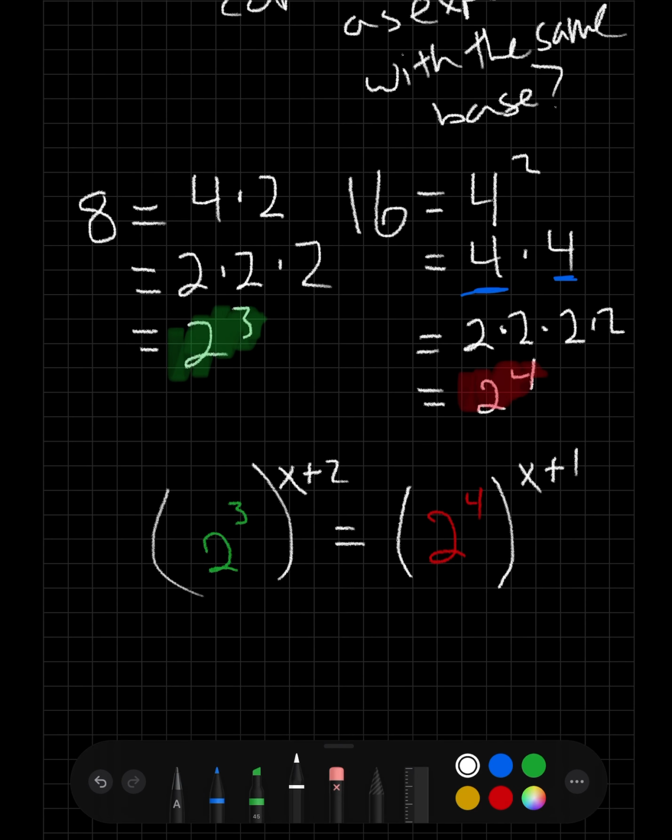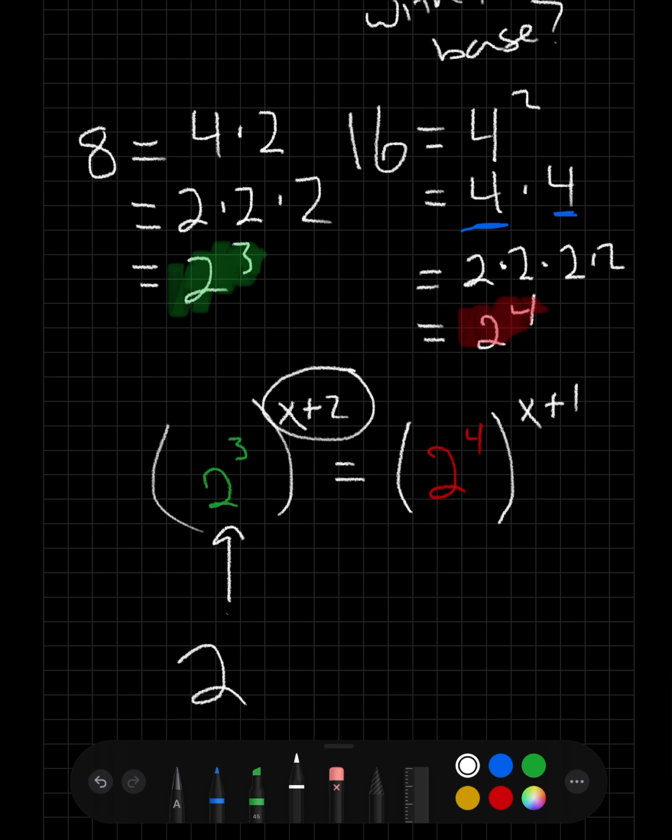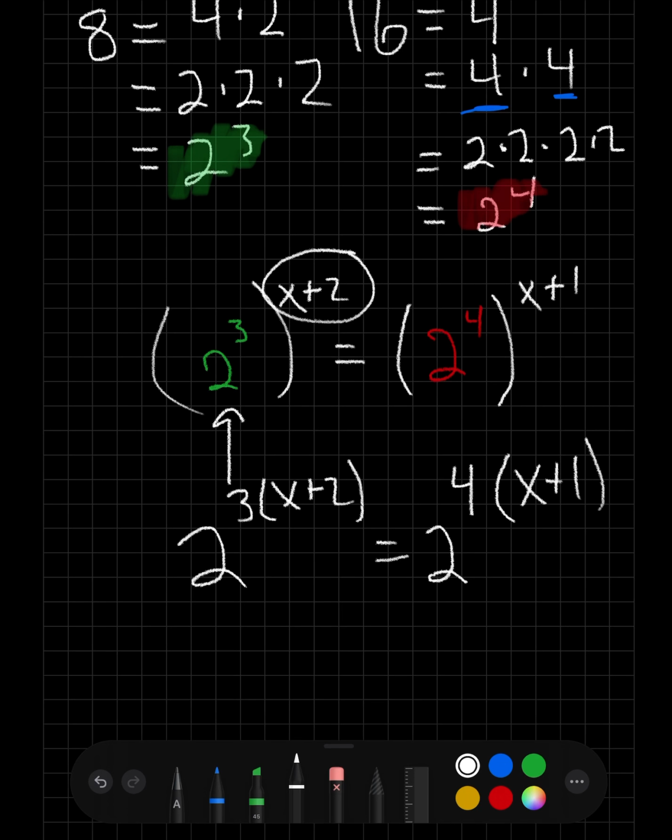And now here's where we have our power to a power principle of exponents. Because I have this expression inside the parentheses and this exponent is applying outside of the parentheses, I can rewrite this as 2 to the 3 times x plus 2 is equal to 2 to the 4 times x plus 1.